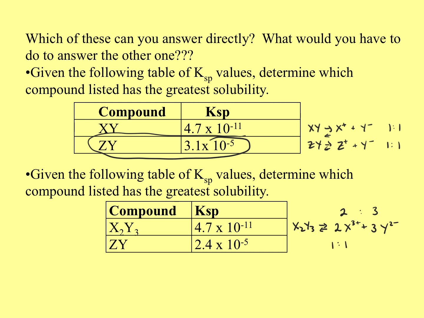So you have to do the math behind this one for both of them and solve for x in both cases to determine whichever one has a greater solubility. So that's a fair word of warning. You can compare Ksp values directly as long as the stoichiometry of the coefficients are the same. But if they're different, that's when you have to do the calculations like we did in slide number 3.